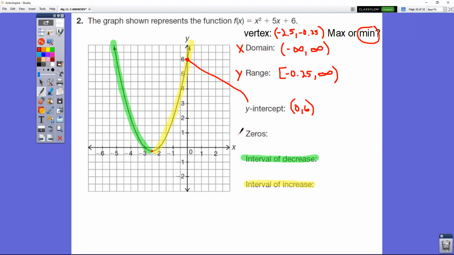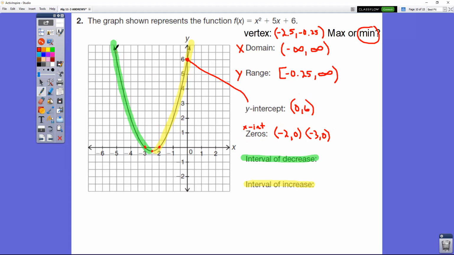What are these zeros? The zeros are your x-intercepts. So it crosses right here, and it crosses right here. So our zeros would be (negative 2, 0) and (negative 3, 0). Again, those are roundy parentheses because they are coordinates, they're points.